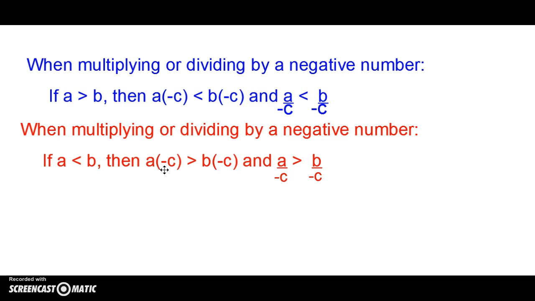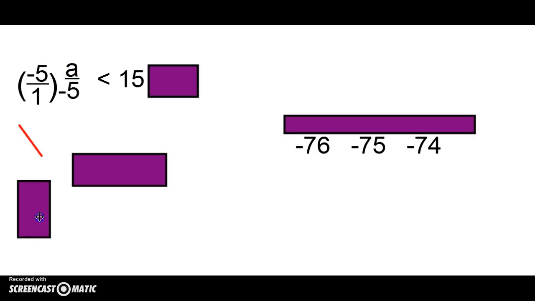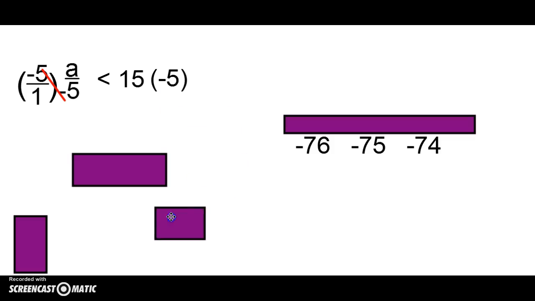We'll practice that. All right, so a couple more quick examples. I think I'll try to speed up here a little bit. So, like we did before, A divided by negative 5, you want to get A alone, multiply times negative 5 over 1. So that crosses out the 5's. If you multiply the left times negative 5, you multiply the right times negative 5. Here is where let's go a little slower.